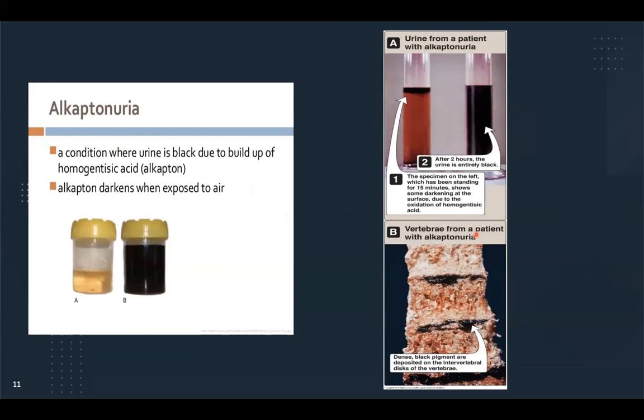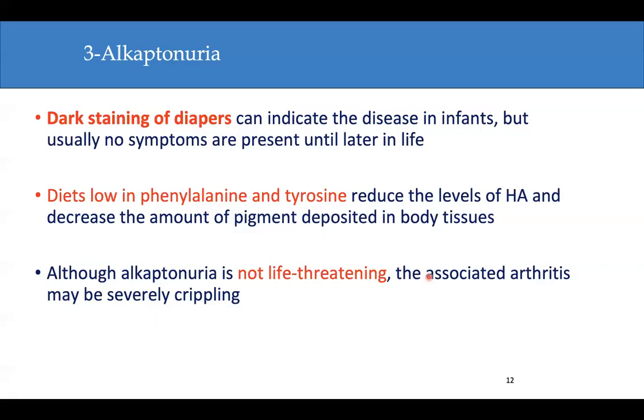Now, this is the vertebrae of a patient with Alcaptonuria. Again, there's this deposition of this black pigment here. So what happens in these patients? There's black deposition in their tissues, but on top of that, their urine can contain this black deposit.